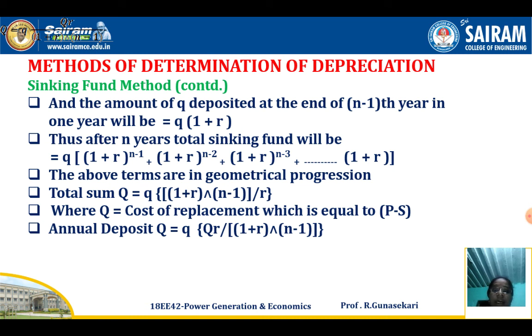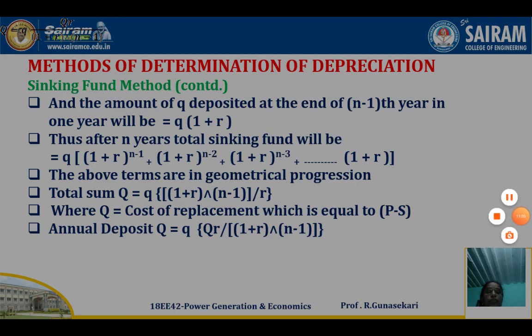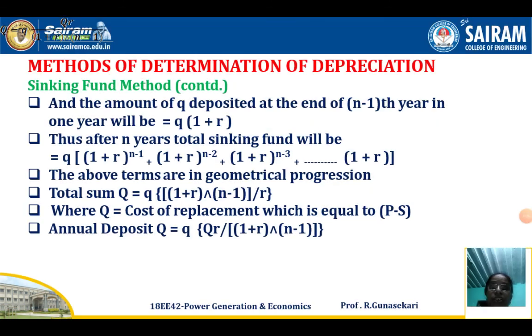Here capital Q equals the cost of replacement, which is equal to P minus S. Therefore the annual deposit q is equal to capital Q times r divided by 1 plus r to the power n minus 1 only.